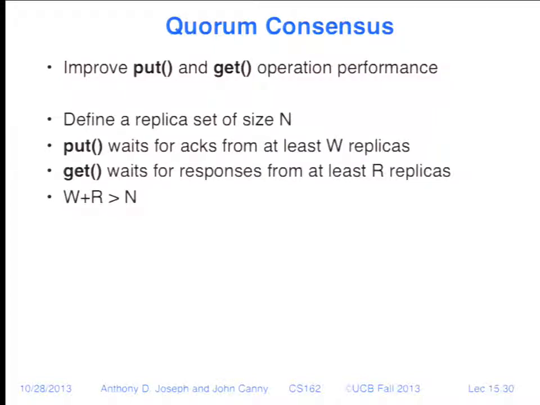What's guaranteed if the number of acknowledging nodes and the number of responding replicas in total is greater than N? What can you say? Yeah. At least it's a pigeonhole question. So at least one node both received and acknowledged the write request and also responded to the read request.